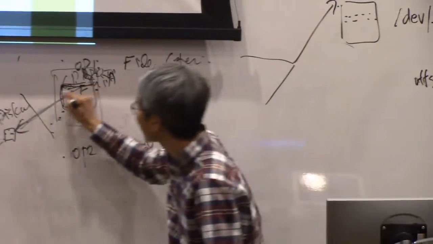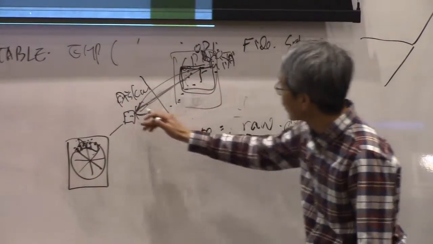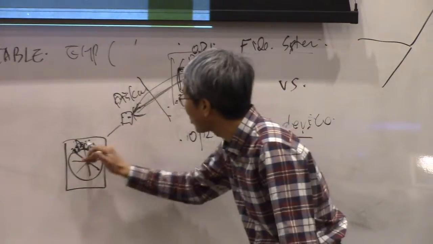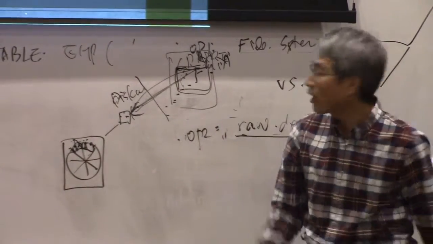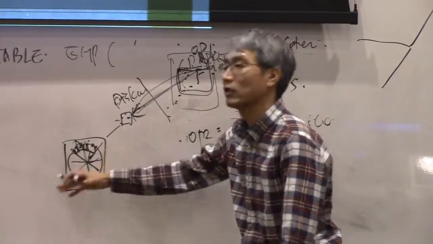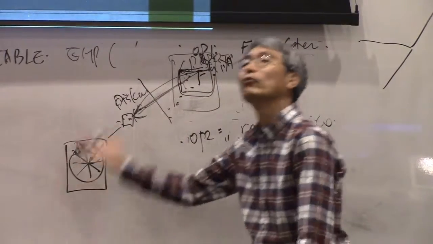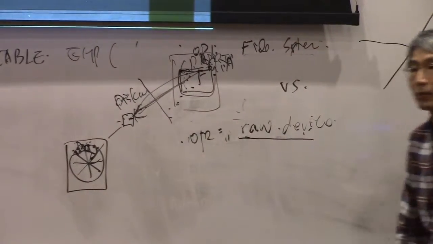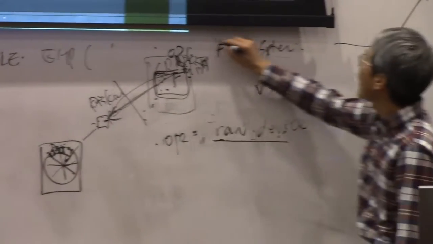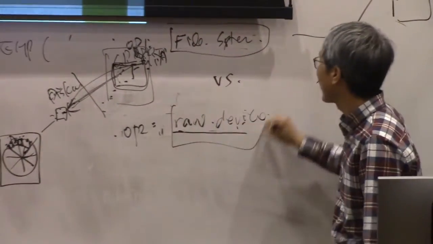It takes time. Instead, if you are using a raw device, you directly ask the disk. You are the disk controller, and this controller knows the logical block address, and this one is moving and writes the data and reads the data and comes back to your computer system. So you need to decide which one you are going to use.